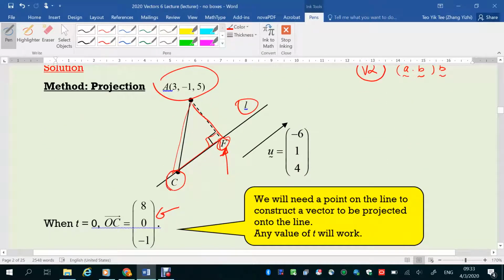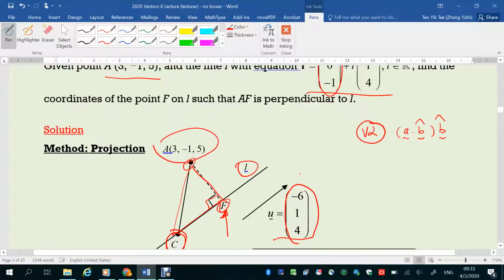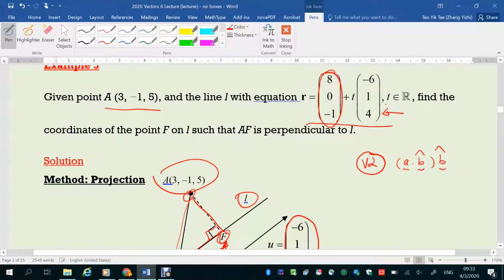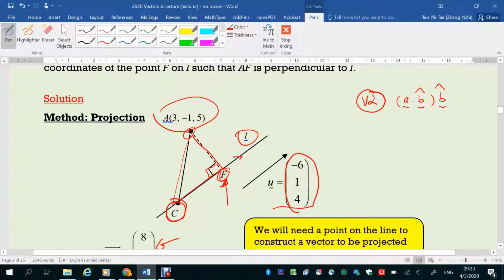So I have OC, I have OA. What else is available? I have the direction vector of the line. I'll say the direction vector U, (-6, 1, 4), is in this direction.